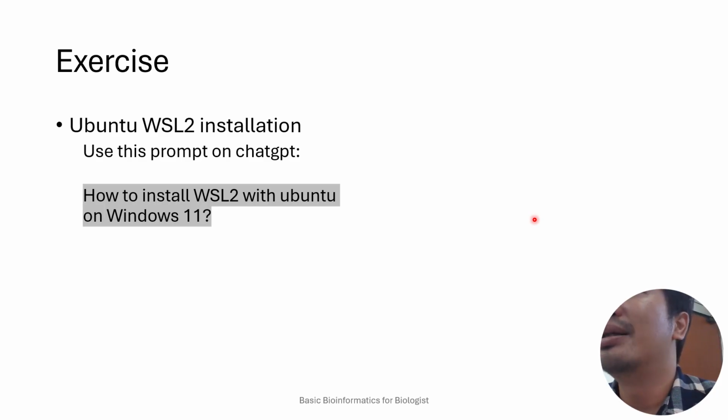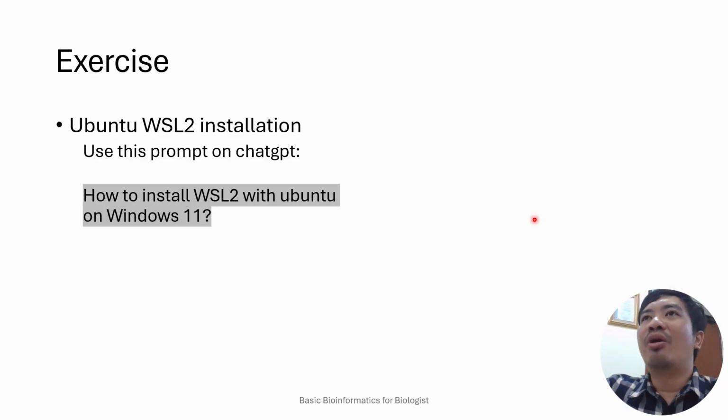But Ubuntu is something like a home to make the software run. But in this case, WSL stands for Windows Subsystem for Linux. So you put an operating system in an operating system. You put a Linux system inside Windows.